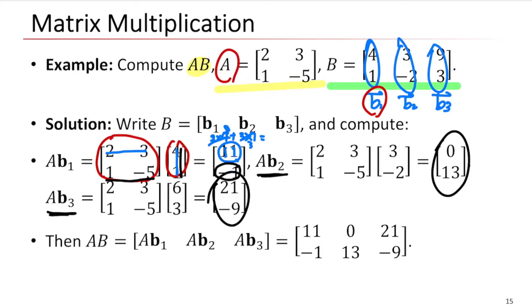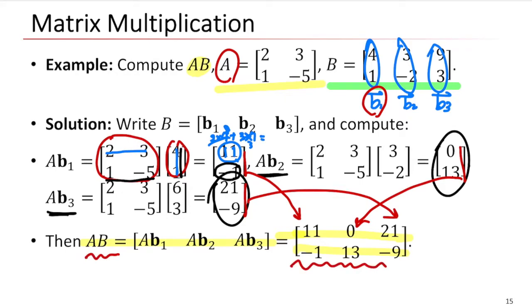So finally, A times B is going to be AB1, AB2, AB3. This vector will be here, this vector here, this vector here, so the output of the matrix A times B is going to be something like this.